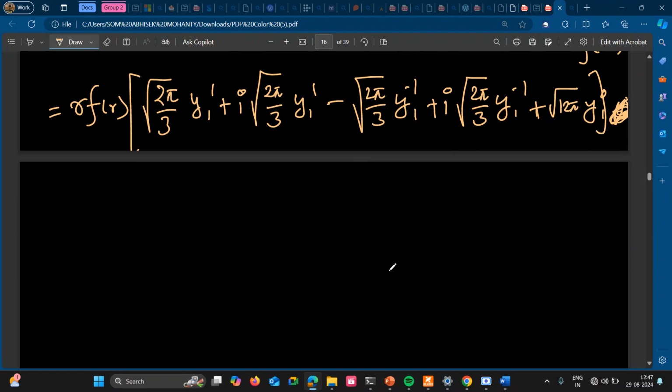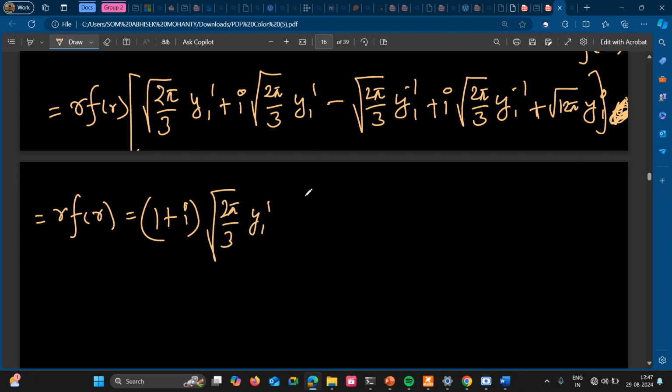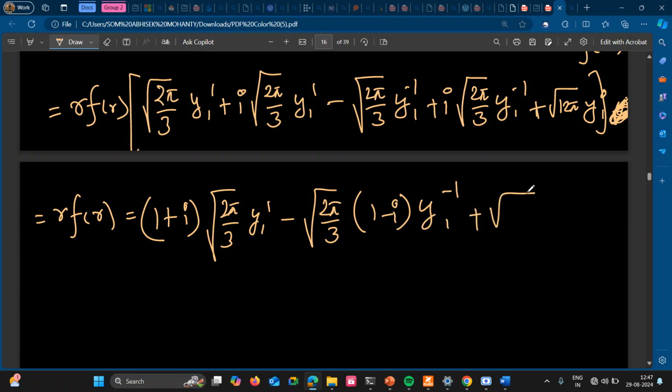Let's do one thing. Let's take the formulas. r f of r is equal to 1 plus i, I can write like that. So 2 pi by 3 y11, correct? Minus 2 pi by 3 1 minus i y1 minus 1 plus this is as usual 2 pi y10.